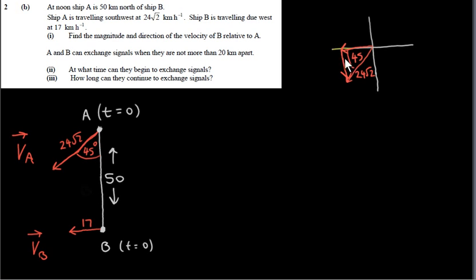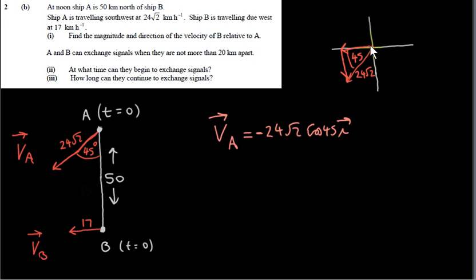Its J component is pointing in the negative J direction. So we see that VA is got by, first of all, looking at the I component, which is the magnitude of VA, 24 root 2, times the cos of 45 degrees. And of course, it's negative, don't forget the minus sign.